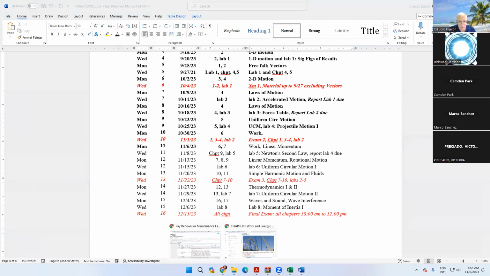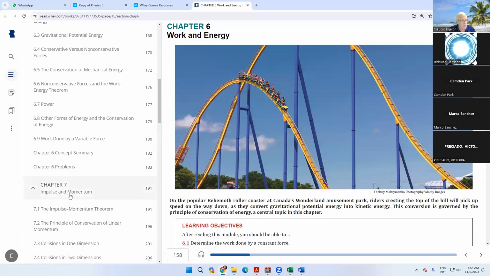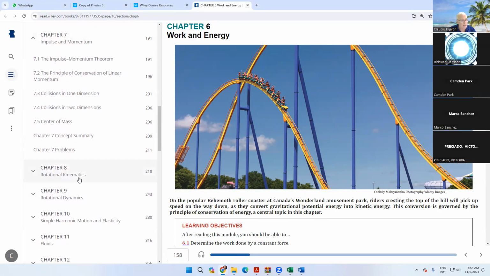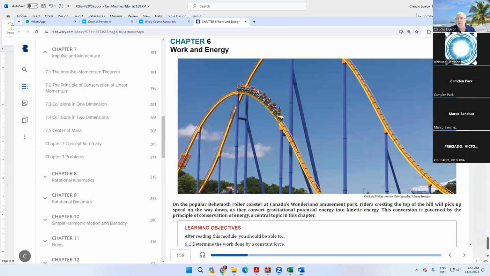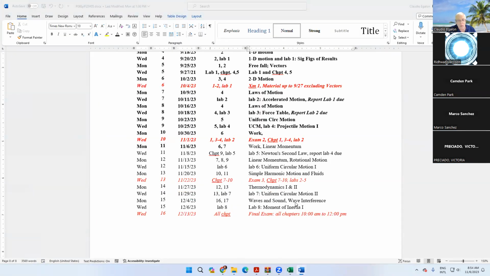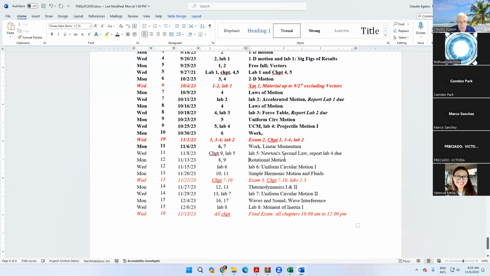And the other, rotational kinematics. Rotational kinematics and dynamics. Kinematics and dynamics.